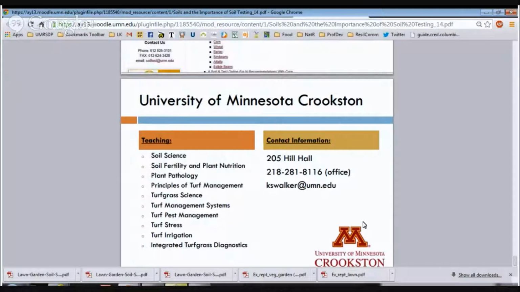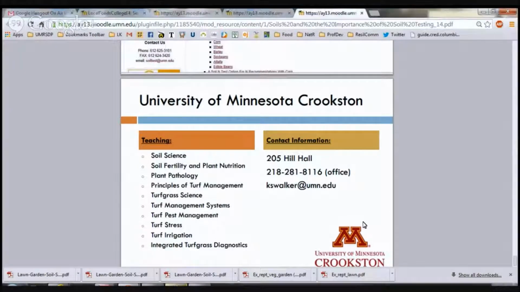One of the things with compost is you want to know something about the carbon to nitrogen ratio. Microorganisms use the carbon as an energy source. If that carbon to nitrogen ratio is too high, the microorganisms will tie up the nitrogen, making it unavailable for the plant to uptake.